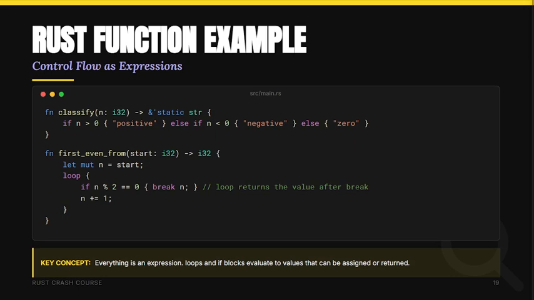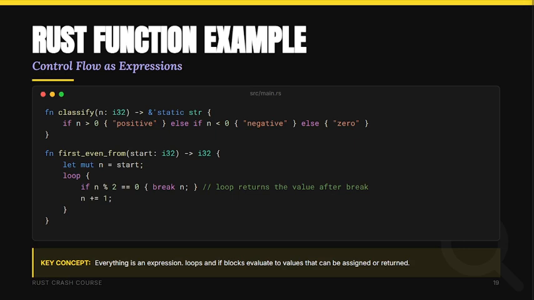Now, looking at the second function, first_even_from. Here we use loop, Rust's infinite loop keyword. When we find an even number, we do break n, which returns the value n from the loop.